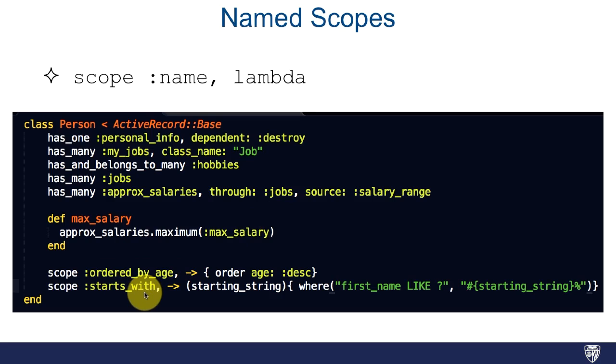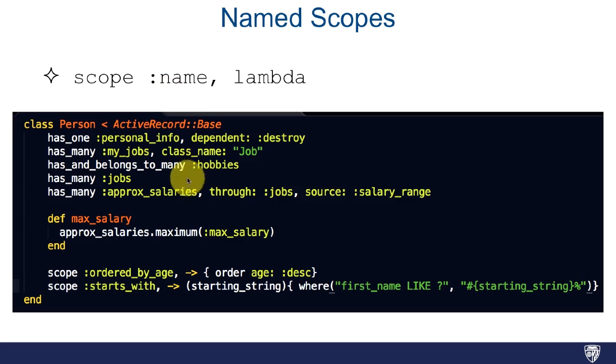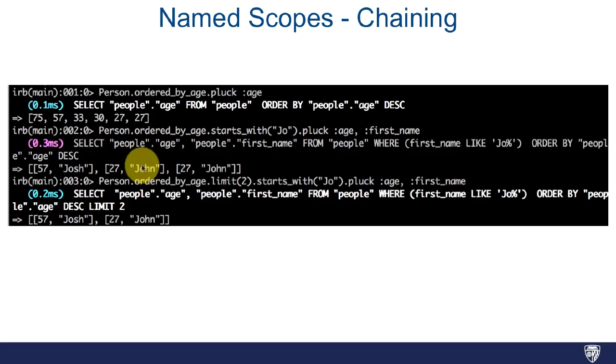It essentially just becomes a more expressive way of writing your where clause. So for example, instead of saying person, where, order by age, and so on, using Active Record, you sort of hide that inside the scope, ordered by age, and this becomes more expressive.